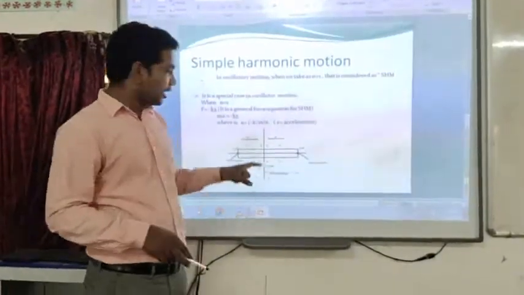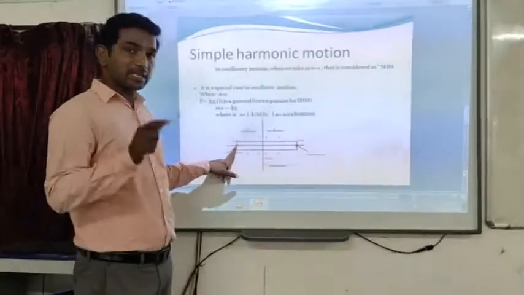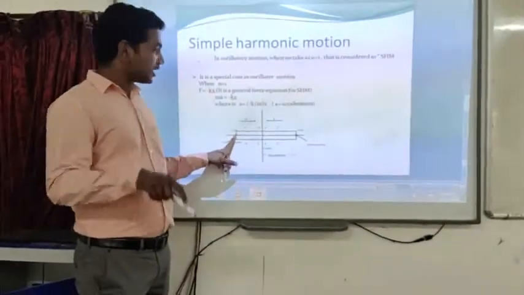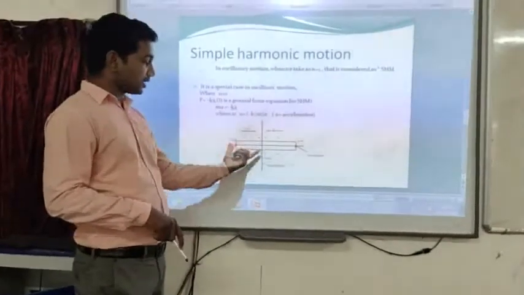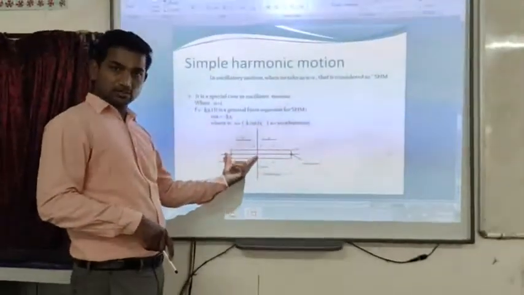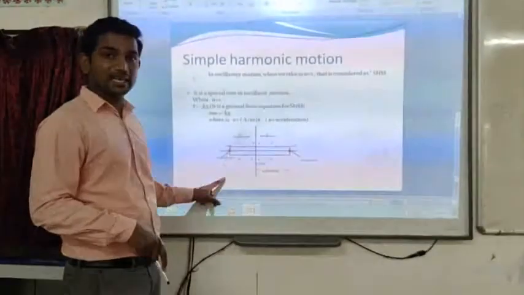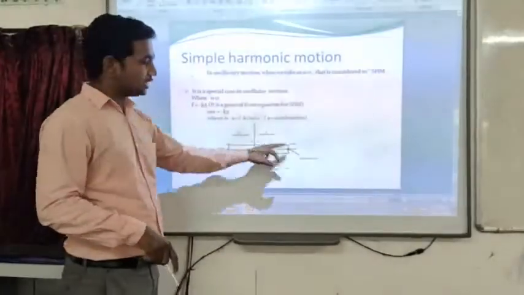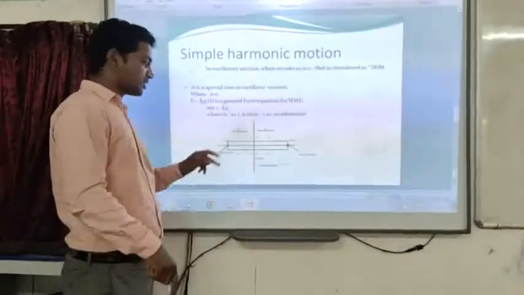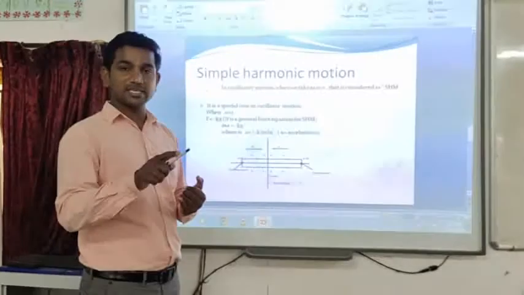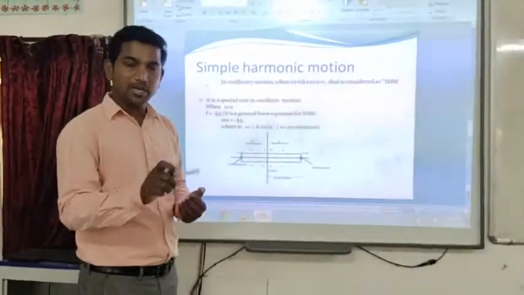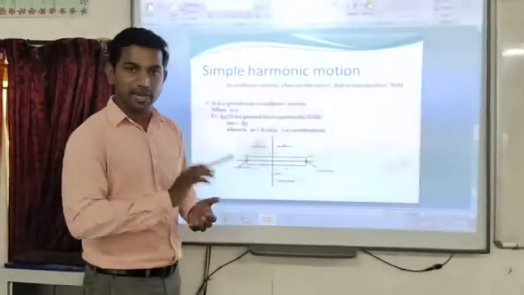After reaching this position, velocity becomes 0, acceleration becomes maximum, and force is working in this direction. The displacement of the particle is also maximum. This is called the second extreme position. This is your first extreme position, and this is your second extreme position. What is the condition for an extreme position? Velocity is 0, acceleration is maximum, and displacement of the particle is maximum.